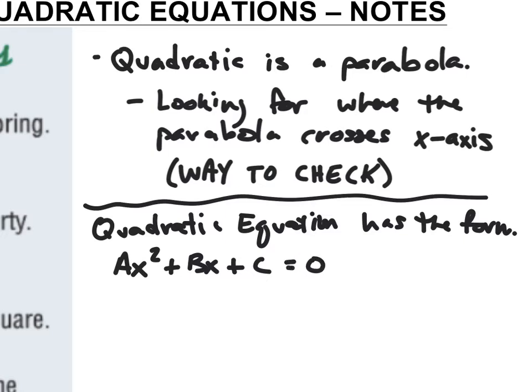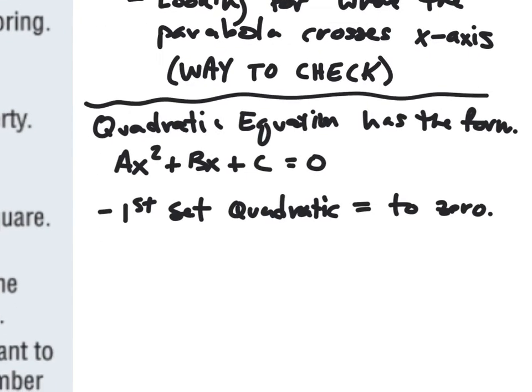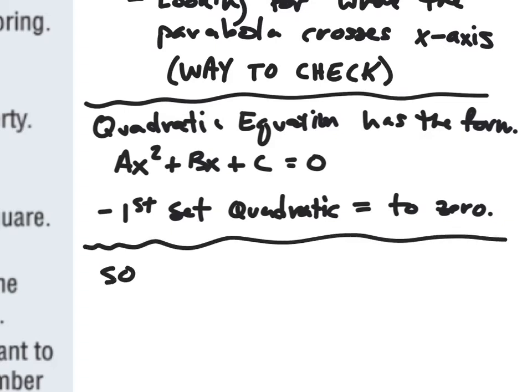So the first thing that we always need to consider is that we first set the quadratic equal to 0. All right, that's the first thing that we do, and we'll talk more about why we do that, but that's what we do.